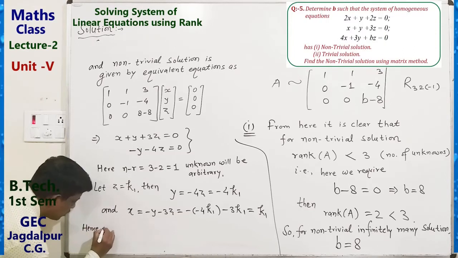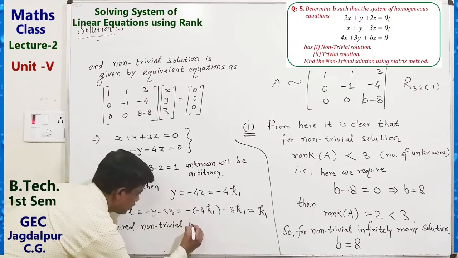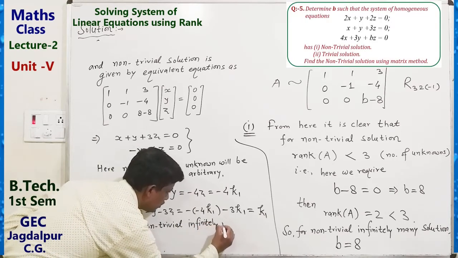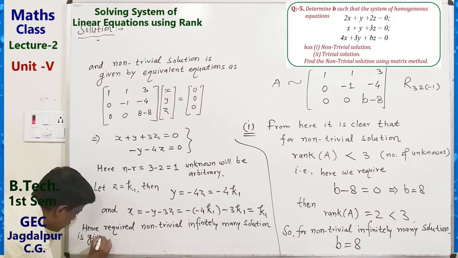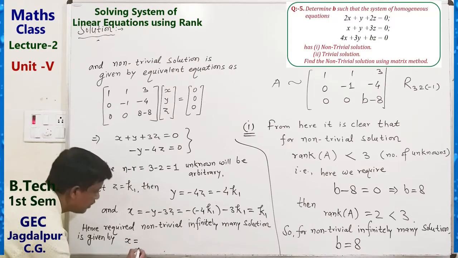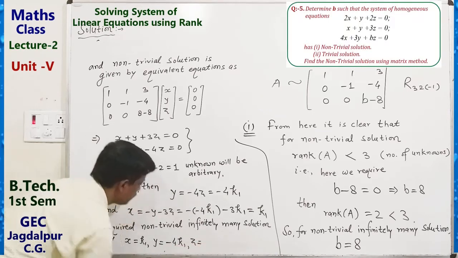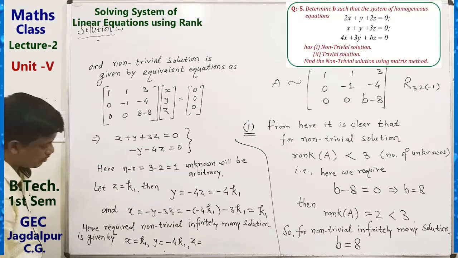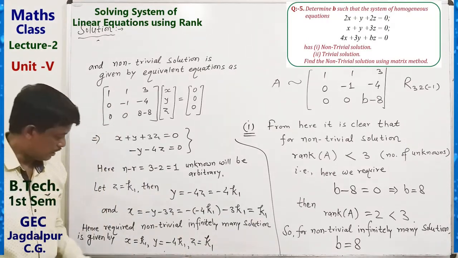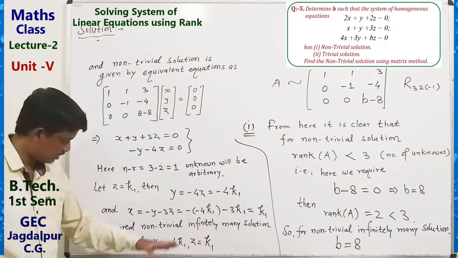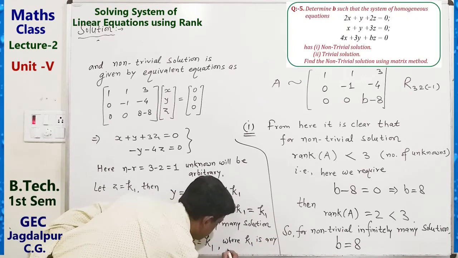Hence the required non-trivial infinitely many solutions are given by x equals to k1, y equals to minus 4 k1, and z equals to k1, where k1 is any arbitrary number.